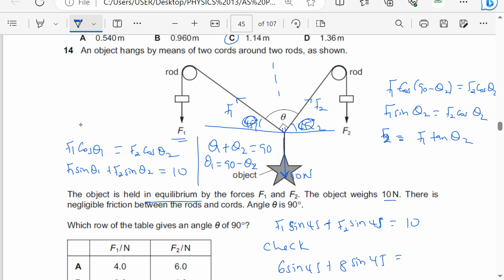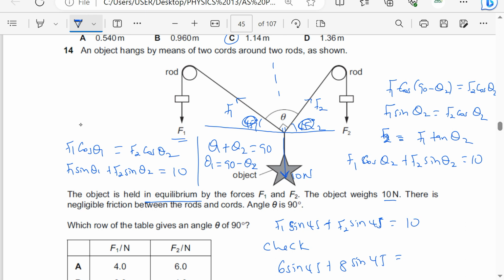Of course, I'm removing theta 1, so I will have F1 sine of 90 minus theta 2, which is going to be cos theta 2. So this is F1 cos theta 2 plus F2 sine of theta 2 should be equal to 10.